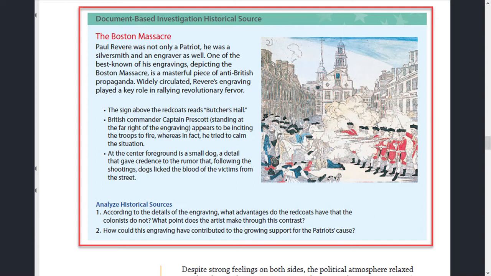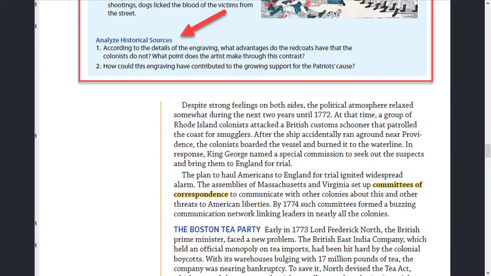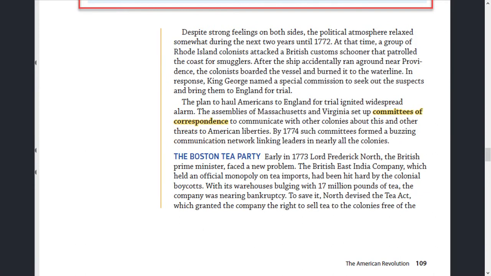And also, there are some really important questions here that you could answer. Based upon this picture, what can you say about the redcoats? So definitely take some time to challenge your understanding and deepen your awareness of what this event was all about by reading these extra sections, even though they're outside of the regular narrative.